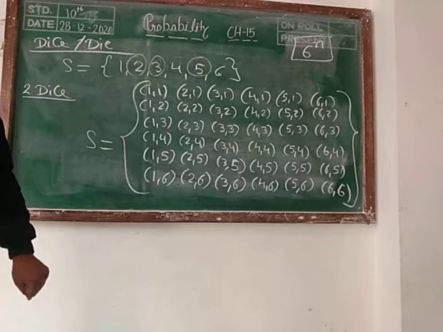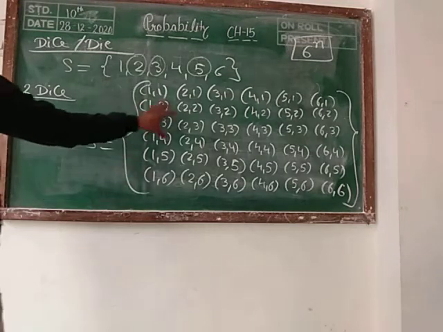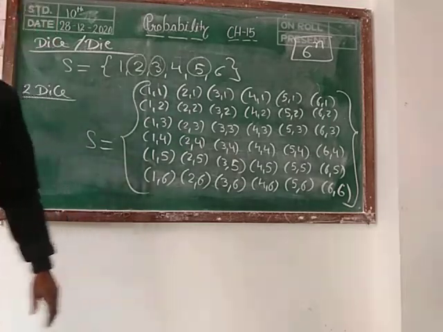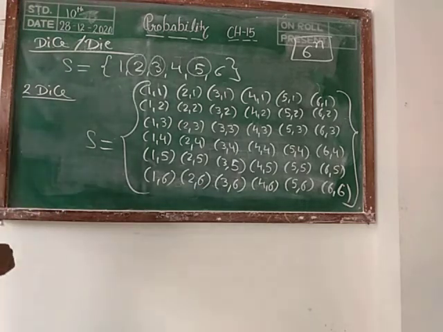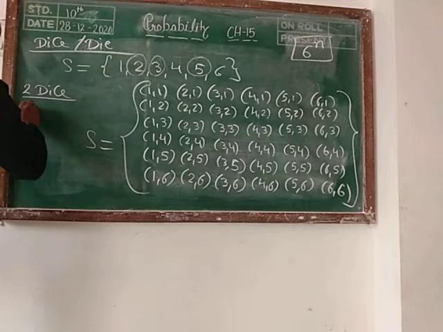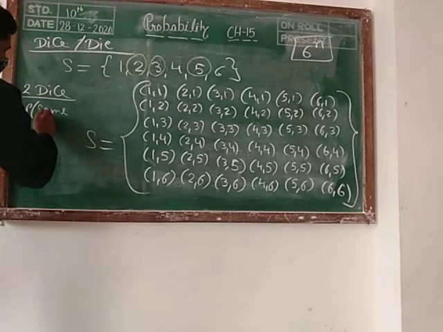Now the question is, write down the question, you have to find the probability of getting same number. Probability of getting same number on both the dice.